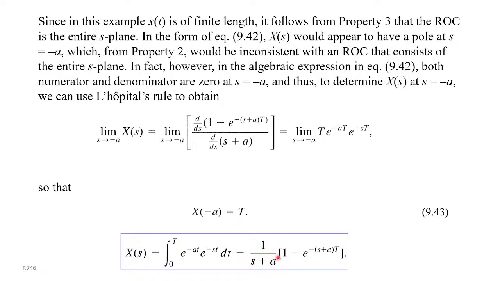You think, what if s equals minus a, then this equals infinity, and you get big trouble. If s equals minus a gives infinity, then this X of s should not converge. And that's actually okay because when s goes to a, this becomes 0, but this part also becomes 0, and you get 1 minus 1.